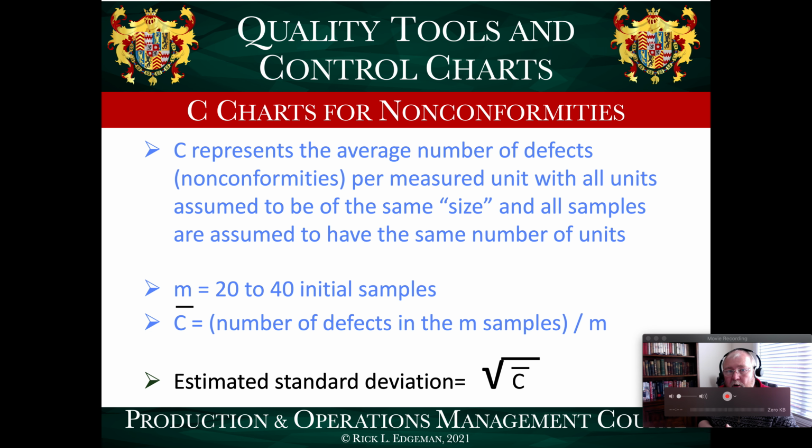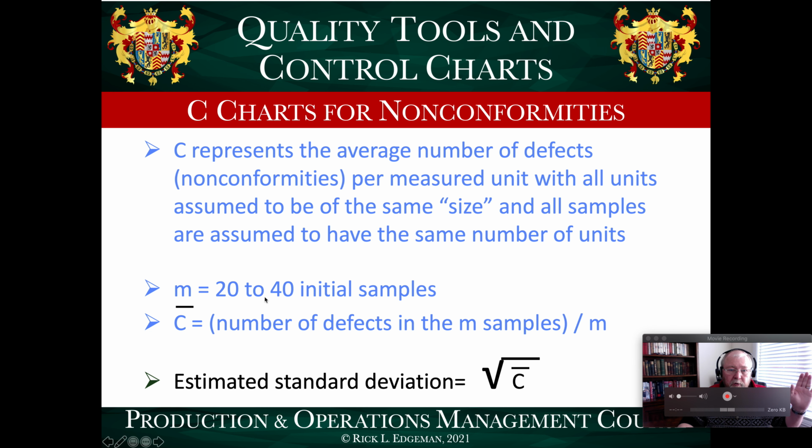It is 1 mobile phone with this much surface area. It is 1 horse over an hour. It is a refrigerator with X number of square feet of surface area that an enamel has been applied to. In other words, the area of opportunity for occurrence of the event remains the same each time that you sample. So m is equal to 20 to 40 initial samples of 1 each.